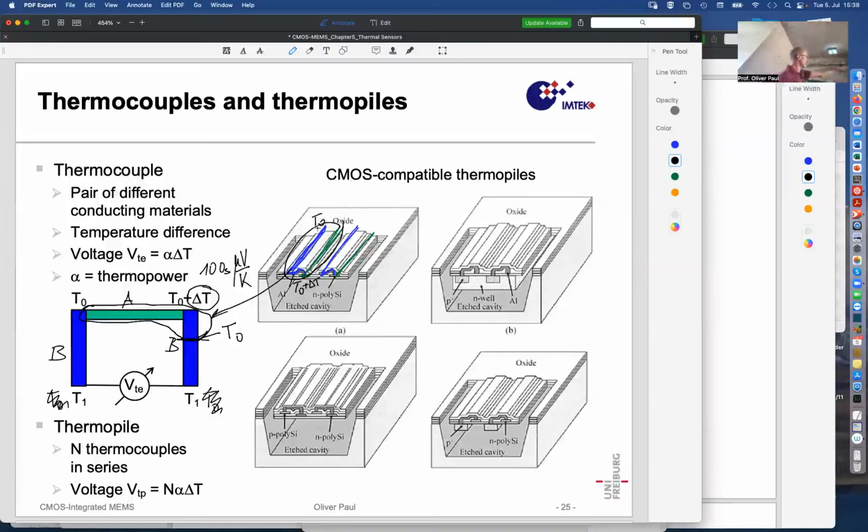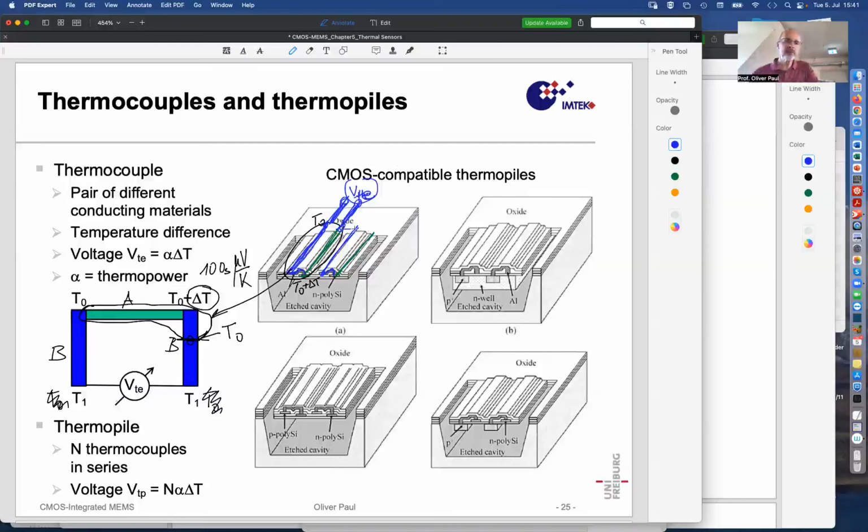So if the front is hotter than the back, there will be a thermoelectric voltage measurable between this location and that location. And if I continue now this green by some additional blue and this by some additional blue, and then here I do my thermoelectric voltage measurement, TE, thermoelectric, then I will obtain that signal as in this schematic circuit.